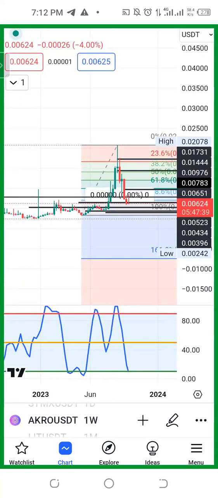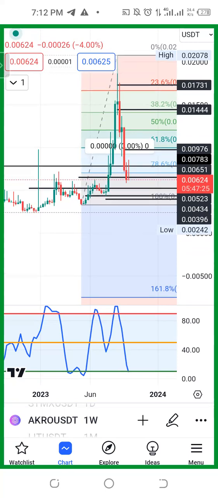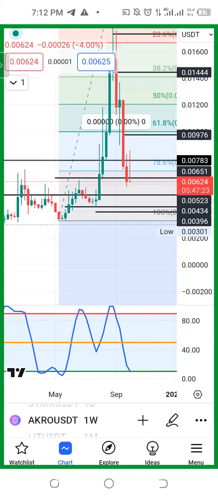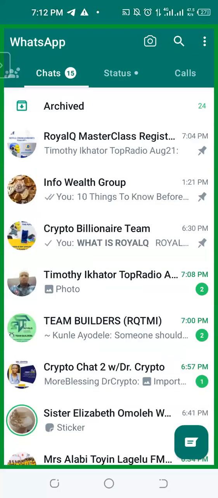So in another 1 week, after 5 days, 47 hours, that's about 6 days, if a green candle is formed, then ACRO is coming back up. It might be like end of the month before this coin starts going up.